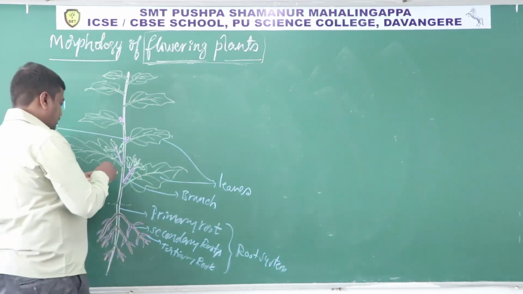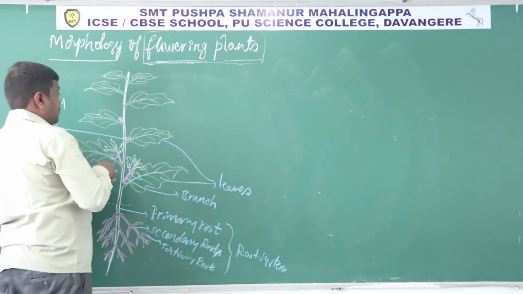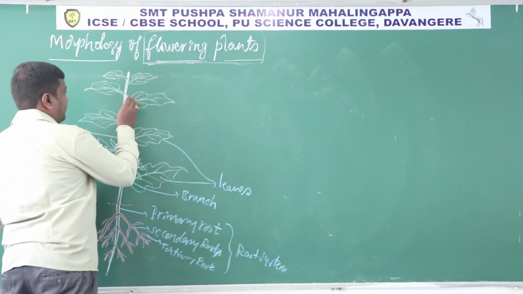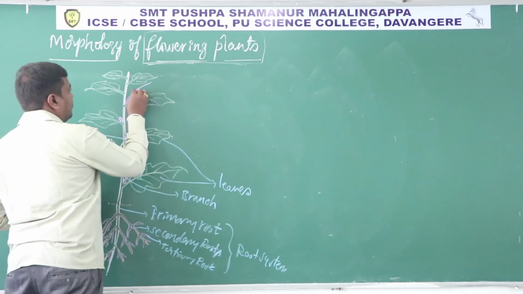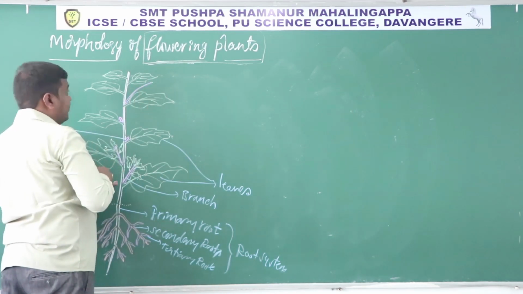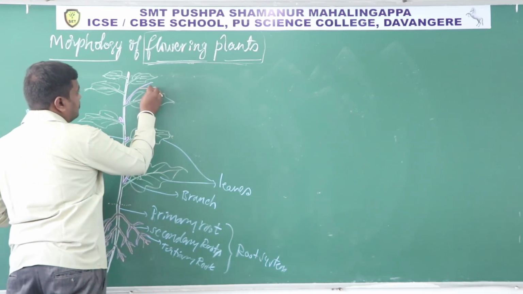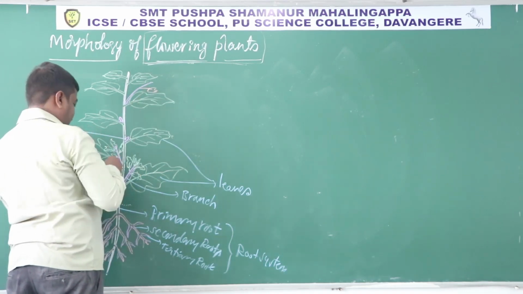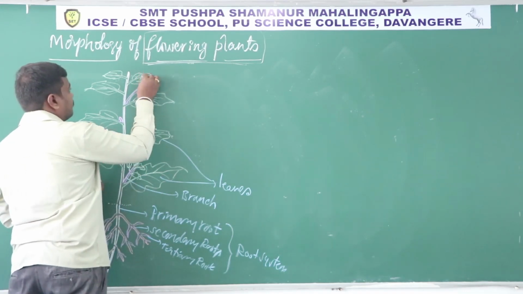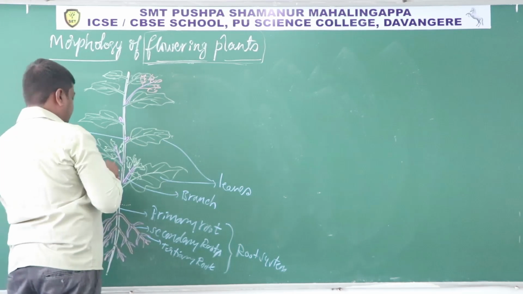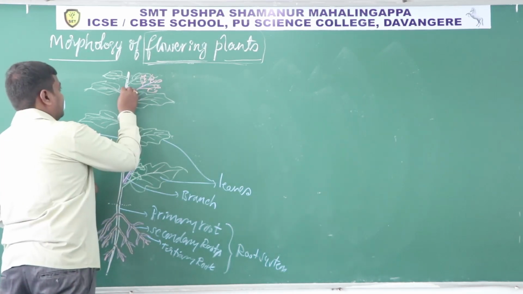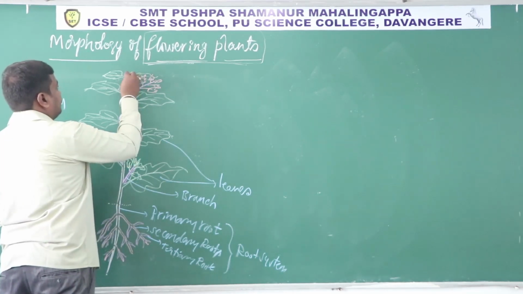Okay, and sometimes instead of this axillary bud, you can observe one more kind of branch where it produces flowers. Some axillary branches were like that itself.